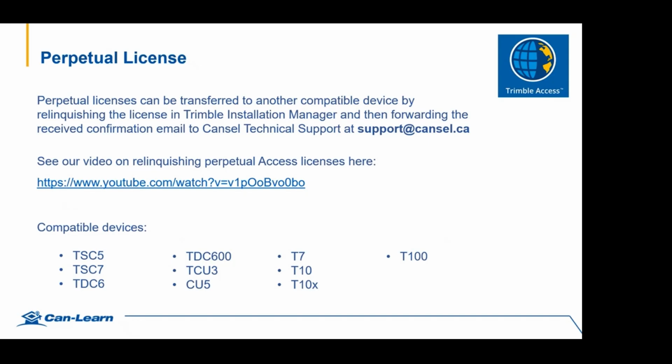Please note that the perpetual license of Trimble Access is compatible with the following devices: the TSC5, TSC7, TDC6, and TDC600, the TCU3, CU5, T7, T10, T10X, and the T100.